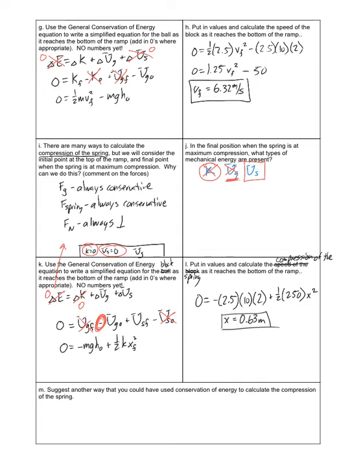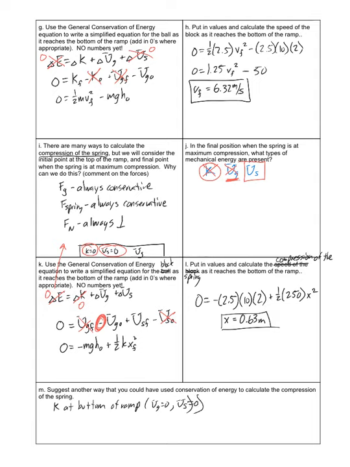All right, now the last question says, suggest another way you could have used conservation of energy to calculate the compression of the spring. Well, we could have used the information from H, right? We knew the kinetic energy at the bottom of the ramp, when there was no gravitational and no elastic potential, also 0, sorry.